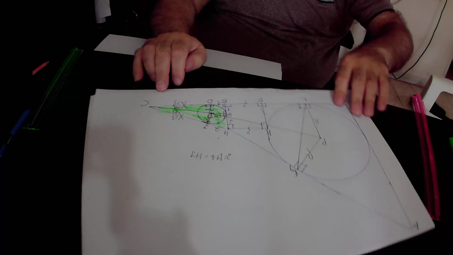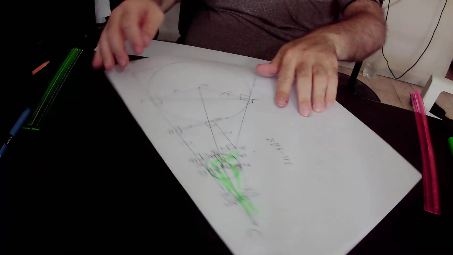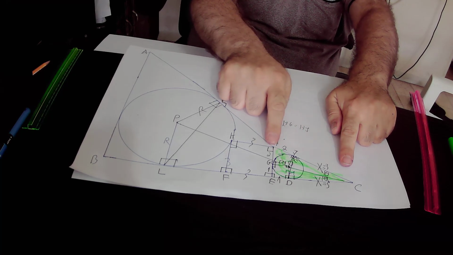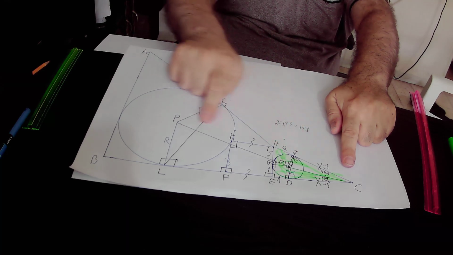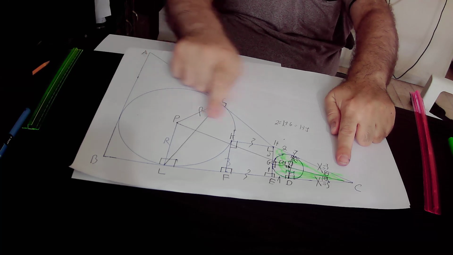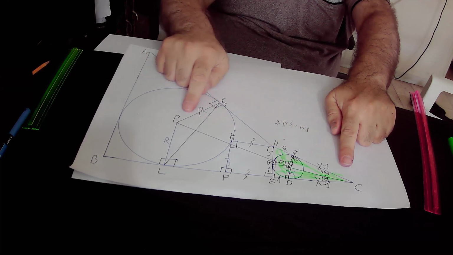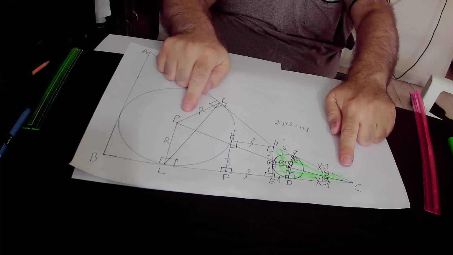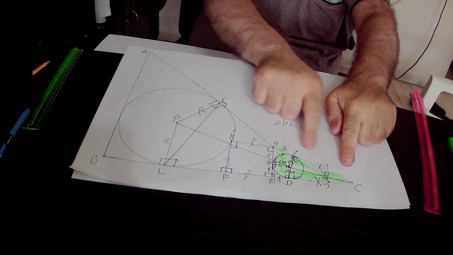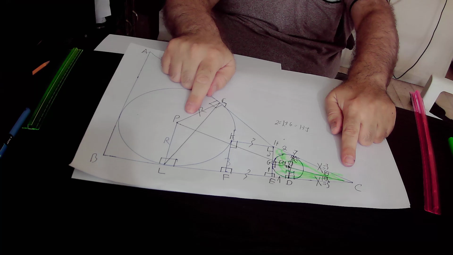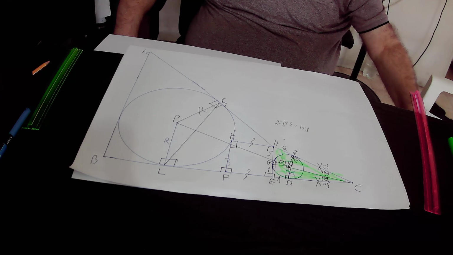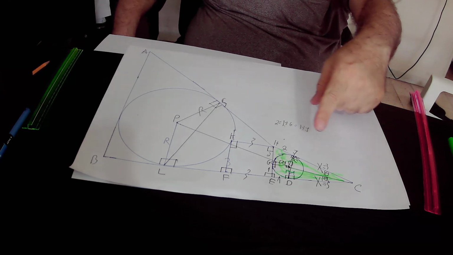According to our assumption, CO doesn't pass through point P. If CO doesn't pass through point P, it means that CO and CP are not located on the same straight line. Otherwise, CO must pass through point P.